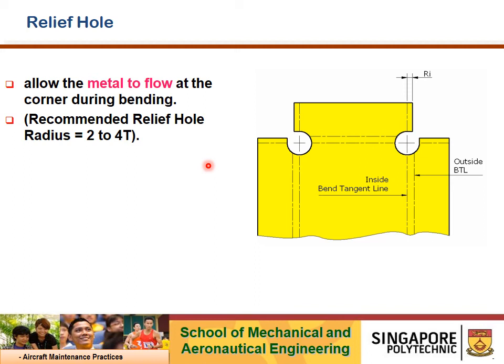So let's say the example thickness is 0.05. You multiply by 2, it is 0.1, so 0.1 is the radius. You multiply by 2 again, it is 0.2 inch. So you find a drill bit that is 0.2 inch diameter to drill this. All right, to take note.